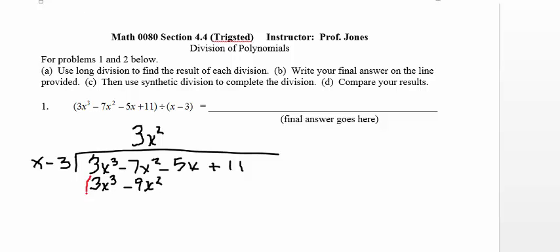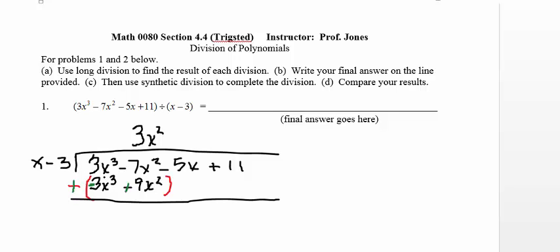Now it's important to note that I'm actually subtracting here. I can always, however, change my subtraction to an addition as long as I change the sign of what I was subtracting to its opposite.